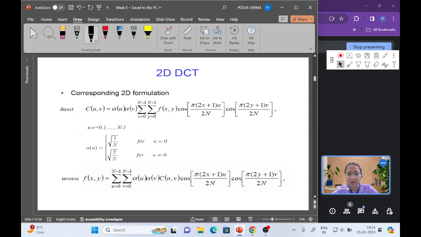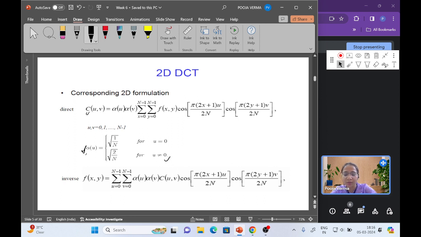The one-dimensional DCT is used for signals. If we want to use it for images, as an image is a two-dimensional signal, then the formula would look like this: C(u,v) = alpha(u) alpha(v) summation x = 0 to N-1 and summation y = 0 to N-1 of f(x,y) cos(pi(2x+1)u / 2N) cos(pi(2y+1)v / 2N), where u and v vary 0 to N-1, and alpha(u) and alpha(v) we can get from this formula, where it may vary.